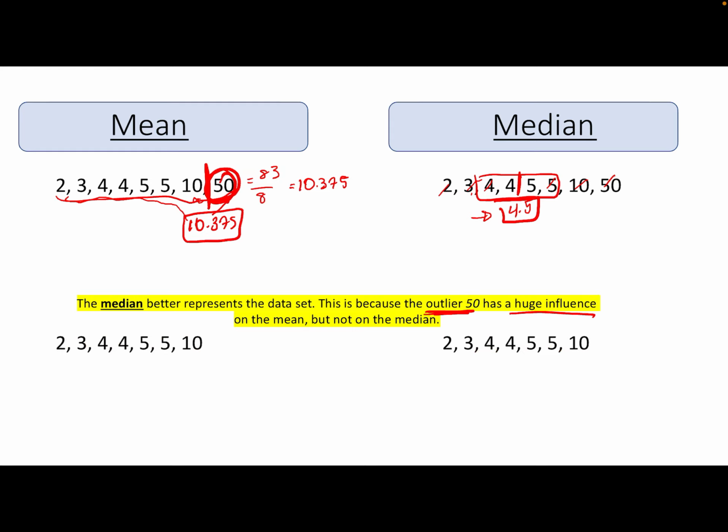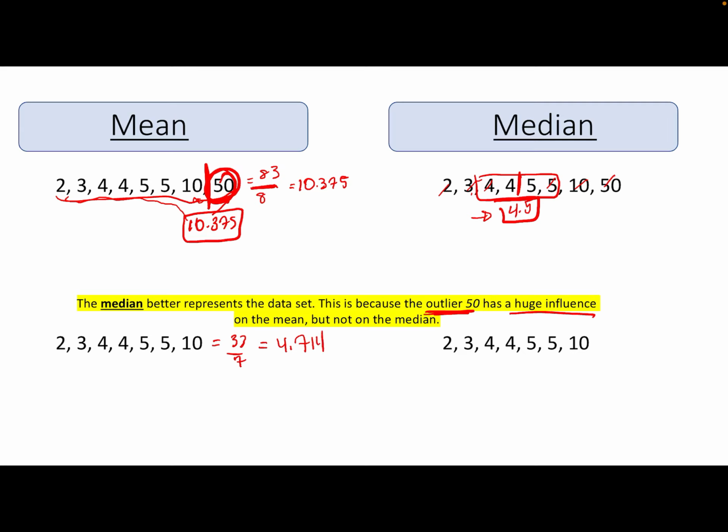So let's look at an example with that outlier removed. So again, I'm going to find the mean, and when I add all of these up, I get 33 now. Much different than that 83 from the beginning. I'm going to divide by 7, and now my mean is 4.714.